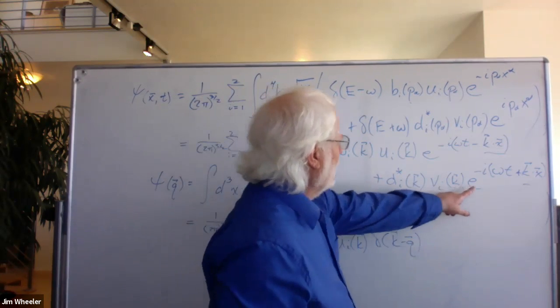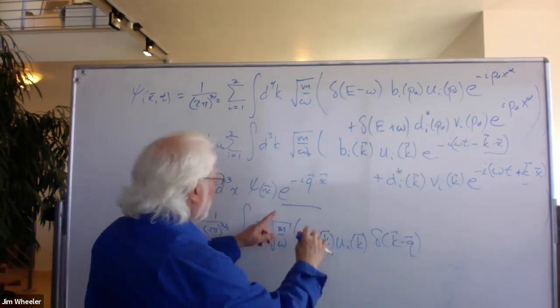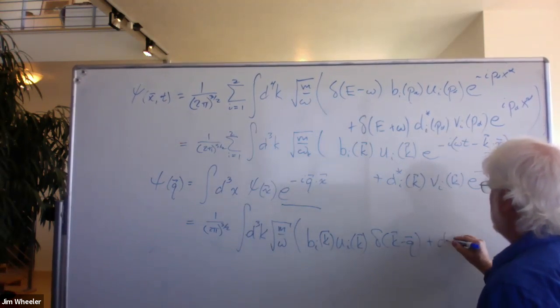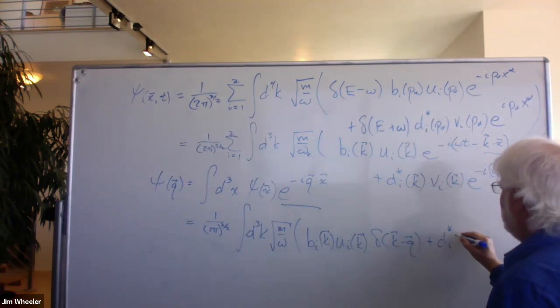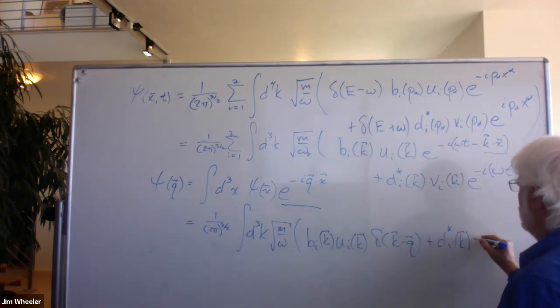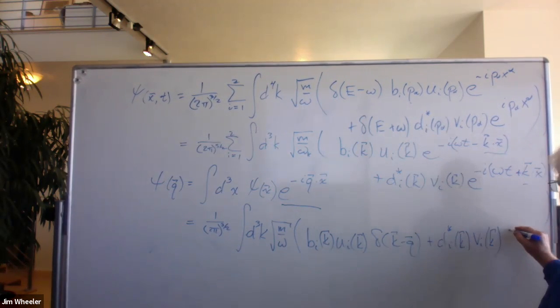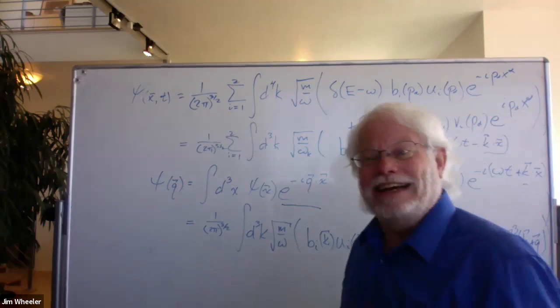And then on this term, we have a minus k and a minus q. So for the v-type fields, we're going to have delta 3 of k plus q. K plus q like that. And I got it all on one line. That's always nice.